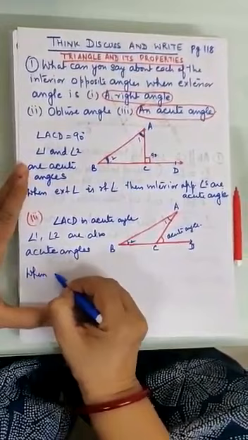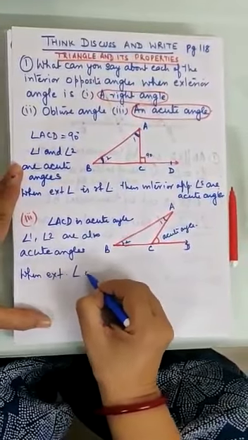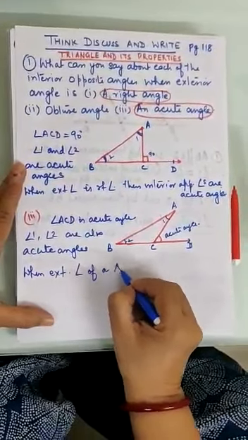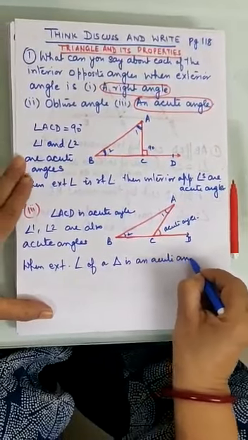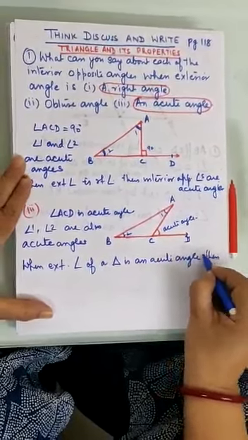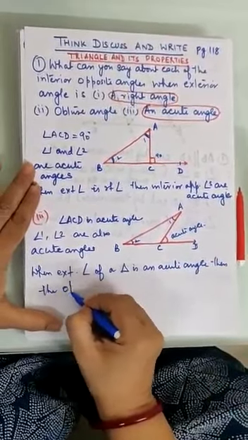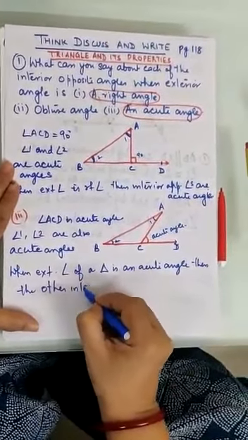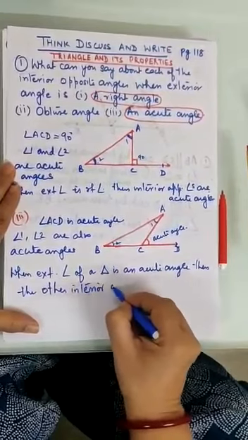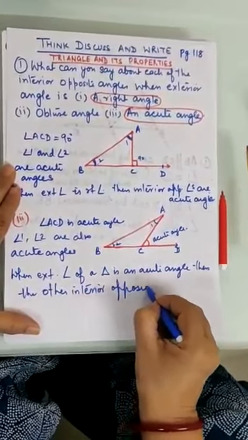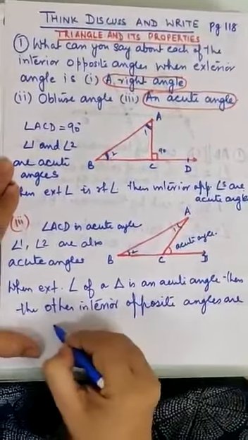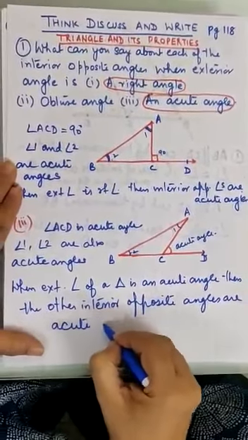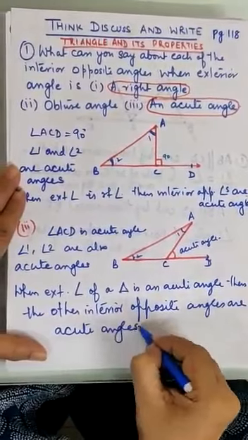So when the exterior angle of a triangle is an acute angle, then the other interior opposite angles are acute angles. Okay, got it?